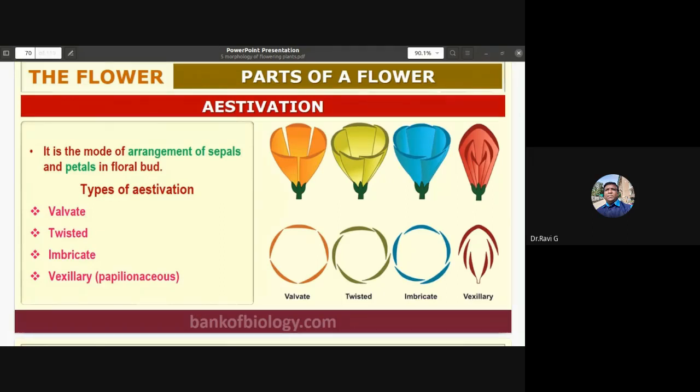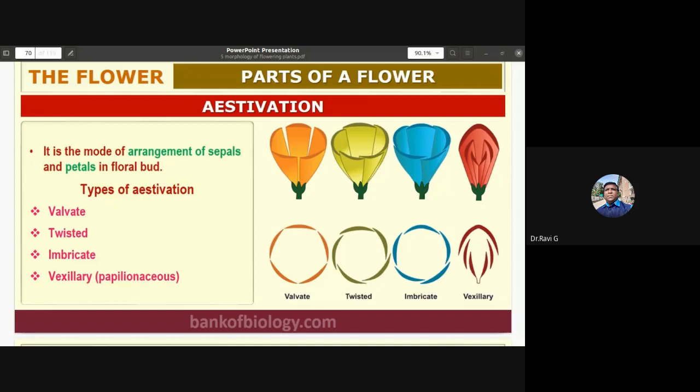We can notice it in the buds of hibiscus. Even in the bloomed flower, at the base of the flower, they show this. One part is overlapping, one part is overlapped.